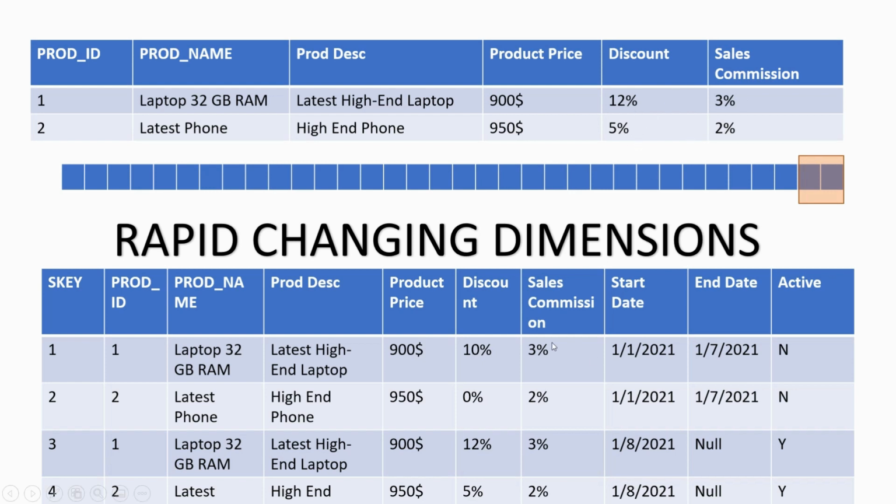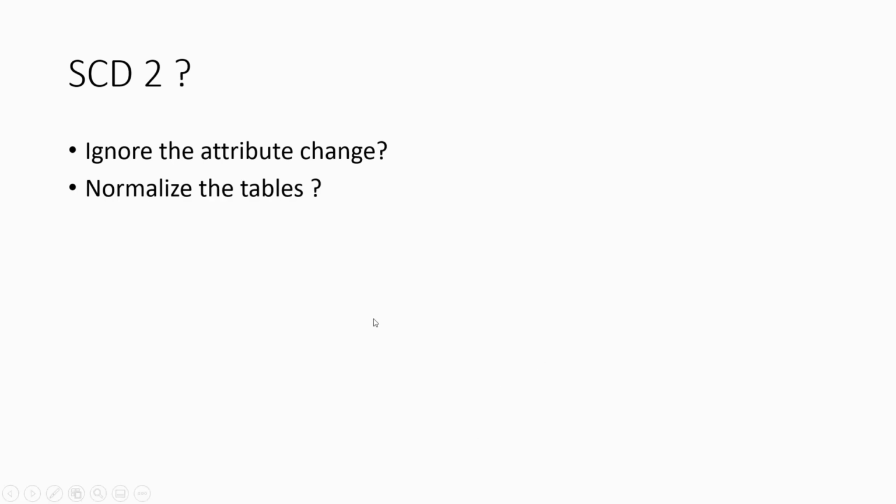Should we ignore these changes, and not update our data in target when this attribute is changing? Or should we ask the development team if SCD2 is the best way to handle such dimensions? Can we consider normalizing them? If you want to learn more about this concept, you can watch my video on rapidly changing dimensions.